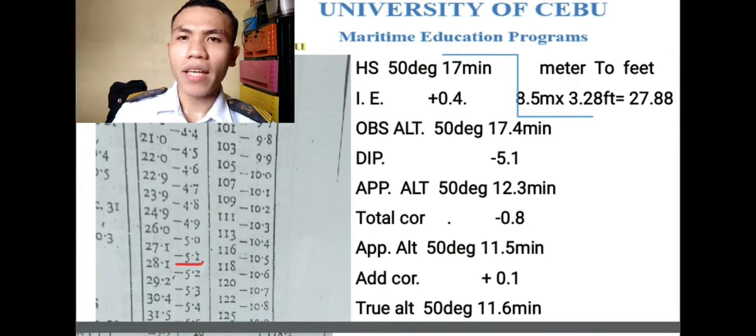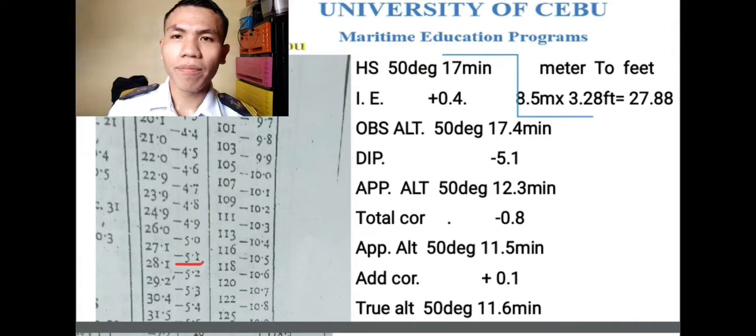Then DIP, or height of the eye. Since the given height of the eye is in meters, first we convert meters into feet. So 8.5 meters times 3.28 feet, we have 27.88 feet. Next, find this value in the nautical almanac in the DIP, or height of the eye, feet column.